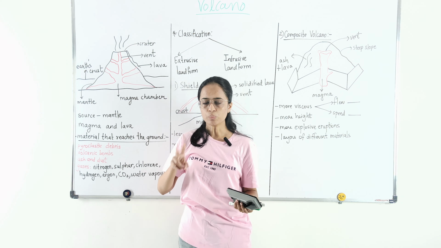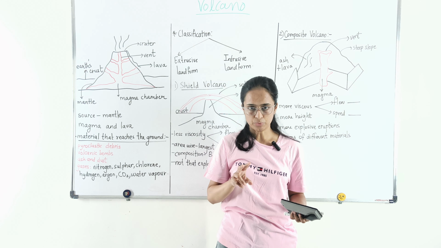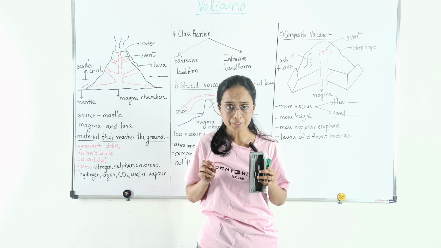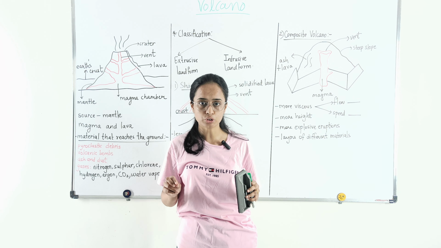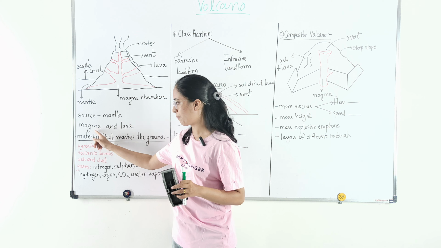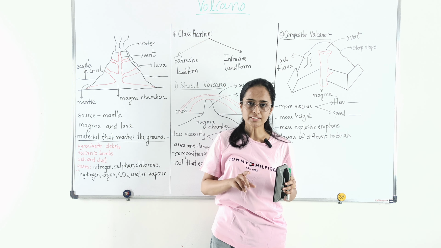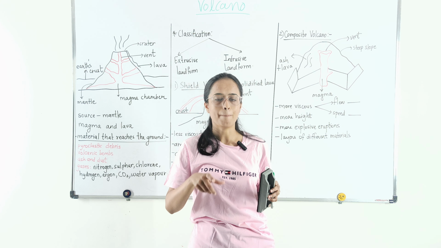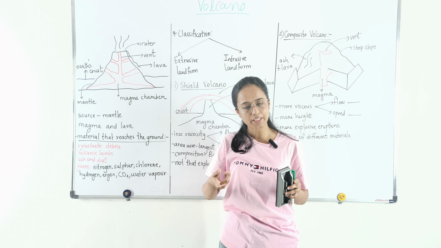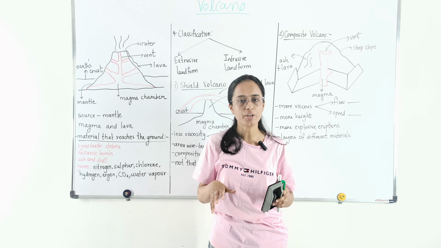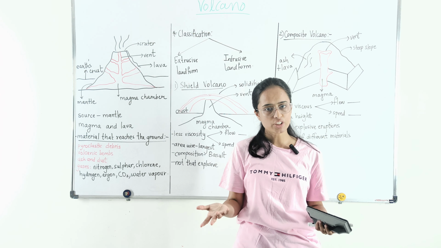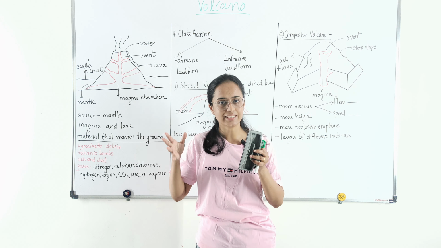Now there are two words that are interchangeably used, but we are now going to exactly understand what is the difference between these two words. Which are those two words? Those two words are magma and lava. Now what is the difference between magma and lava? Magma is the molten material that is there in the interior of the Earth, और जब वही molten material Earth के surface पे आ जाता है, that is called as the lava.